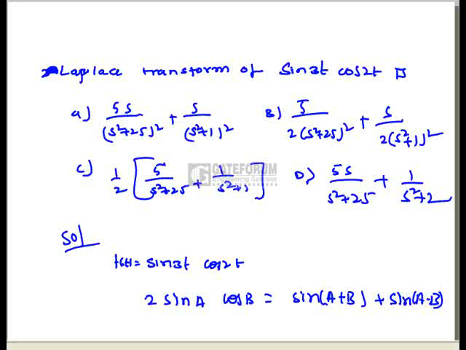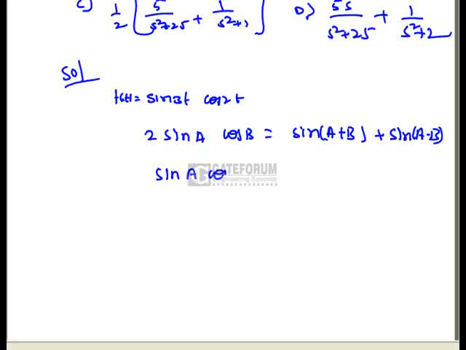We know this equation, right? Now I am converting sine 3t and cos 2t into this equation. But here 2 times is not given, that's why sine a cos b equals 1 by 2 times sine of a plus b plus sine of a minus b.